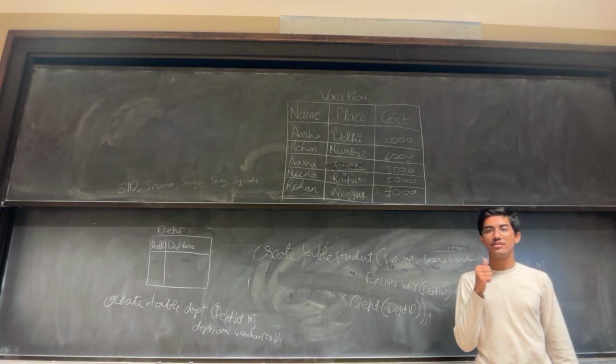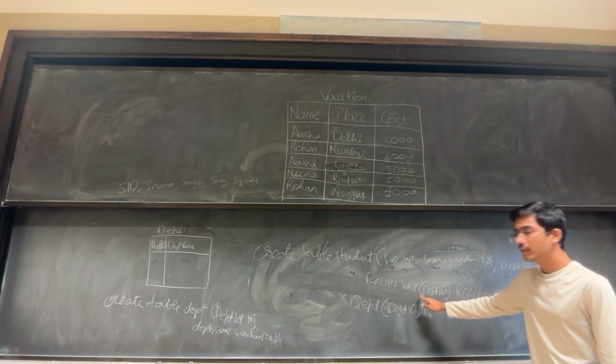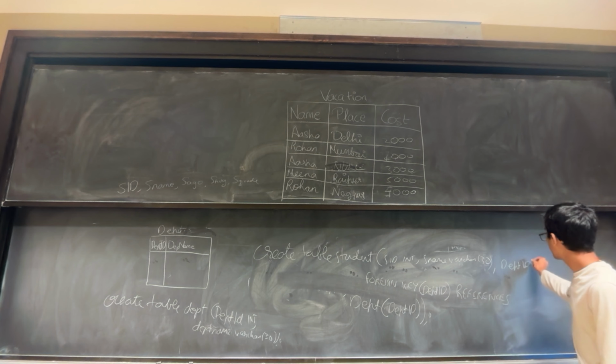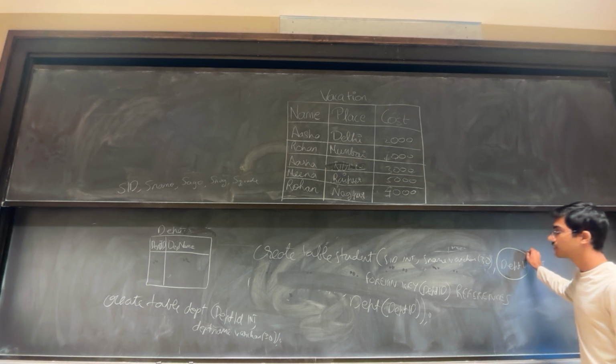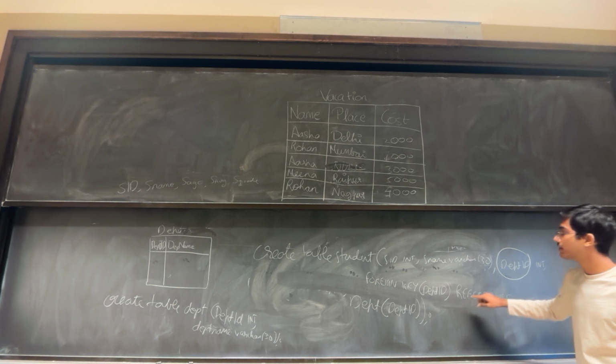Department ID integer, okay. And now foreign key department ID. So this is the foreign key in my students table. References refers to the department table, the department table's department ID.